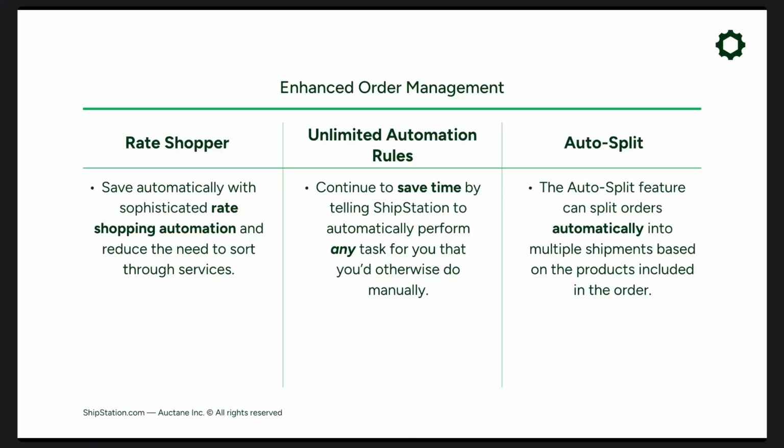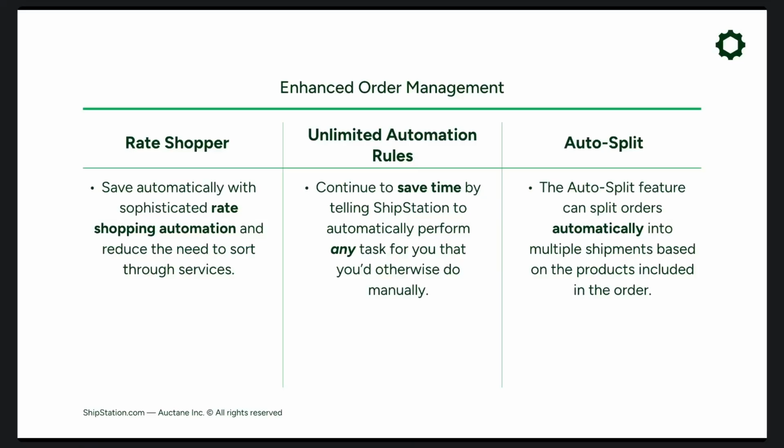So it can ensure that the moment that orders import into ShipStation, that lowest cost service is selected on your orders, saving you that time having to browse, choose that service, and ultimately ensuring that you're paying that lowest cost shipping. So, with our rate shopper feature, we have seen our customers save an average of about 4% per label by letting the rate shopper feature help them make that best choice.